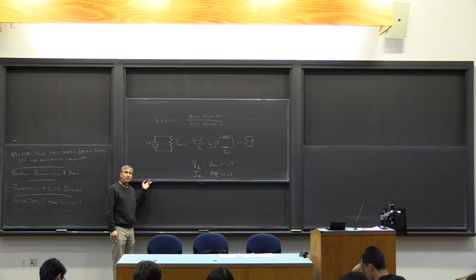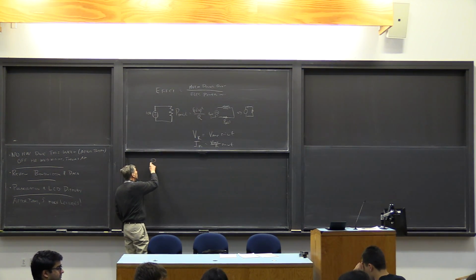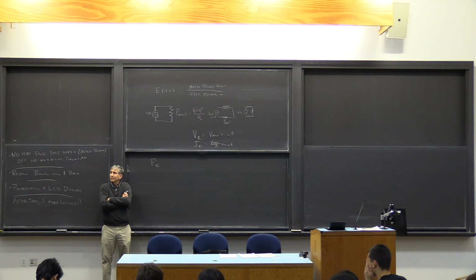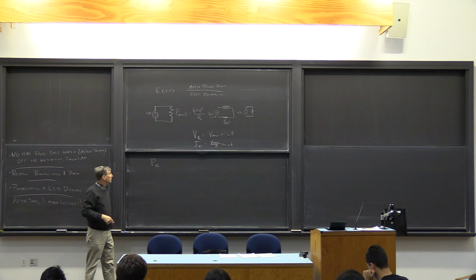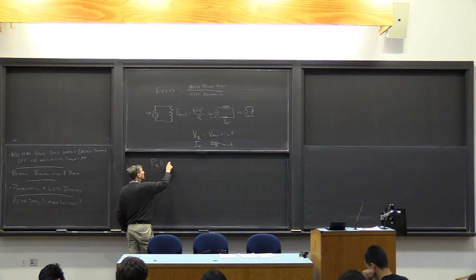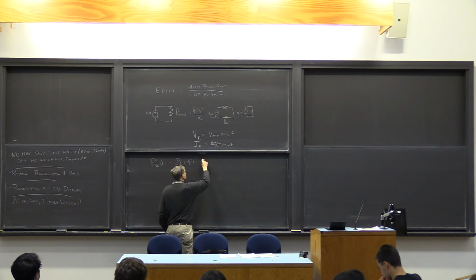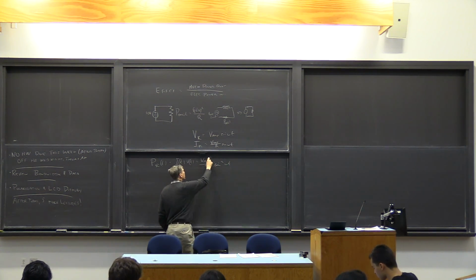What's the power in the resistor? We've got water coming off a waterfall, the voltage is the height, I is the current. So the power at any time would be I of t times V of t, so V amp squared over R, sine squared omega t.